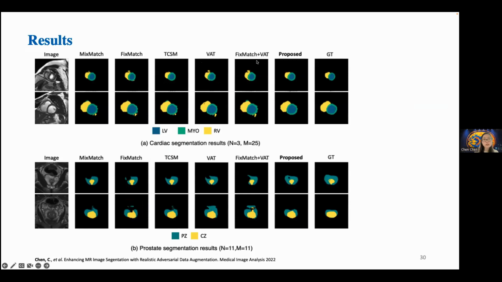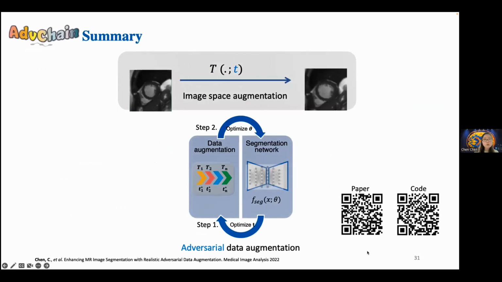And you see that out of all... now this concludes the first part, where we're trying to generate adversarial data augmentation by taking a wide range of image space transformation functions into consideration. We first optimize the underlying transformation parameters and then optimize the segmentation network.